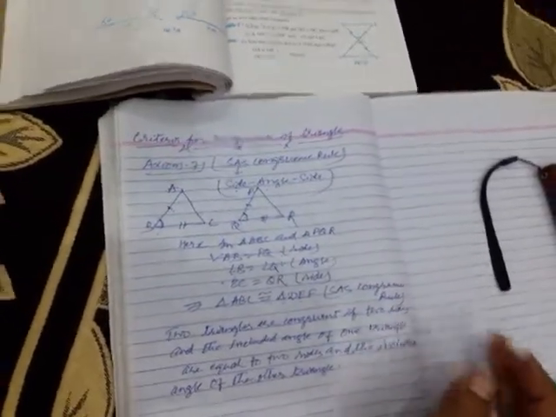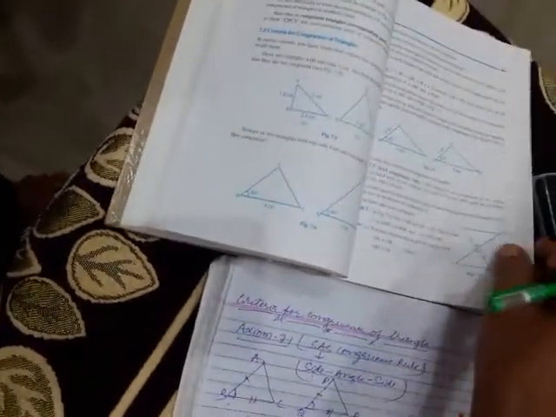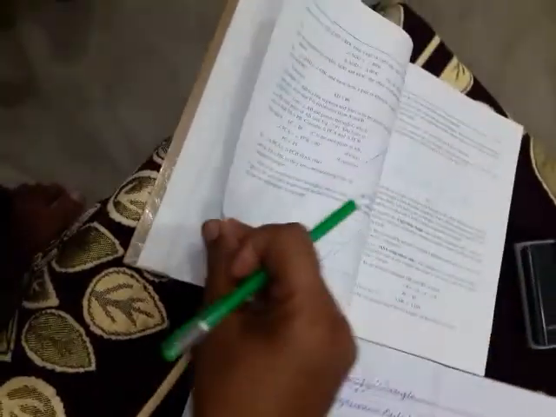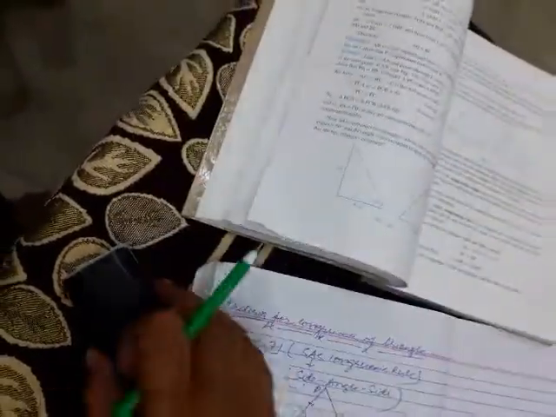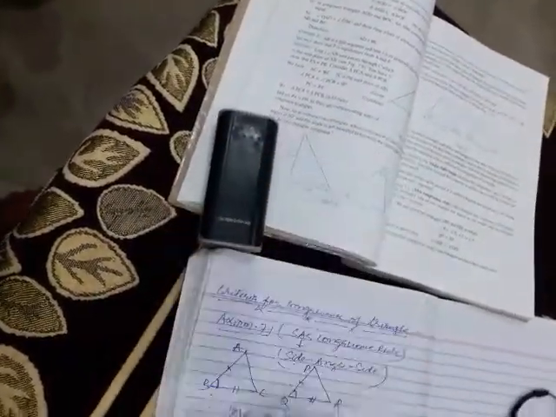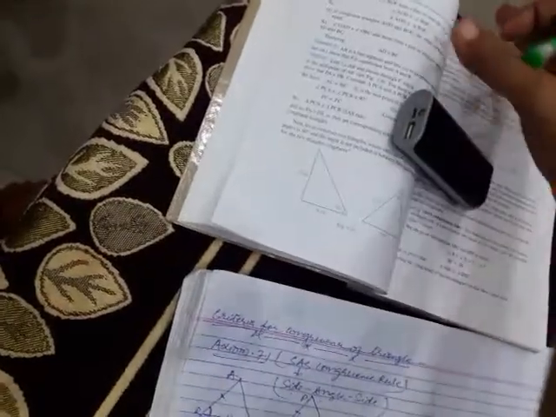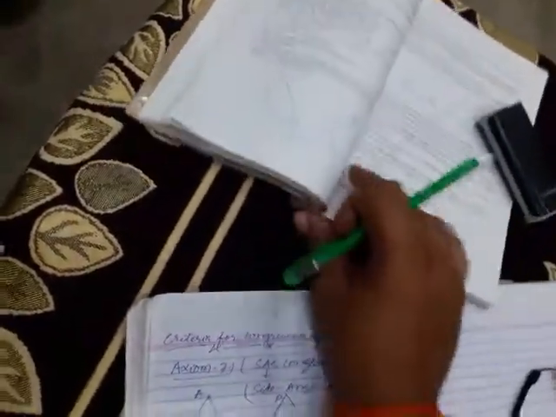Okay children, there is another congruence rule, that is a theorem. Proof of SAS is not there, clear, in your syllabus. Now there is another congruence criterion, that is known as ASA congruence.